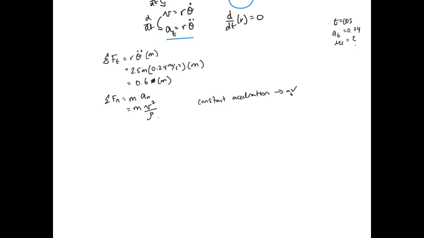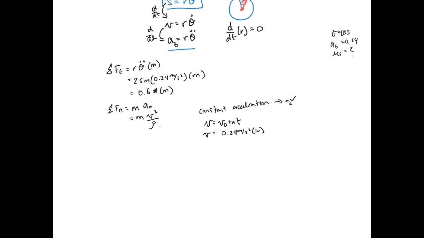That's known, and we can use our constant acceleration equations to find speed. Our speed would be v is equal to v naught plus at, so our speed is equal to 0.24 meters per second squared times 10 seconds. So our speed is equal to 2.4 meters per second.